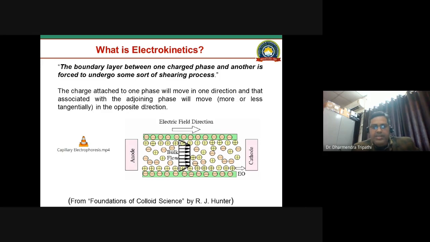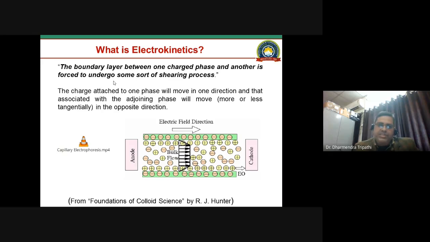But here, if the fluid is an electrolyte solution or aqueous solution, where cations and anions are also involved, and if surfaces are negatively charged or positively charged, there is a shearing process between the surfaces, and the force which we apply is electric force.